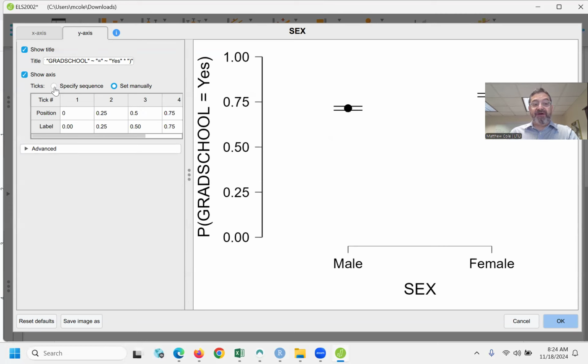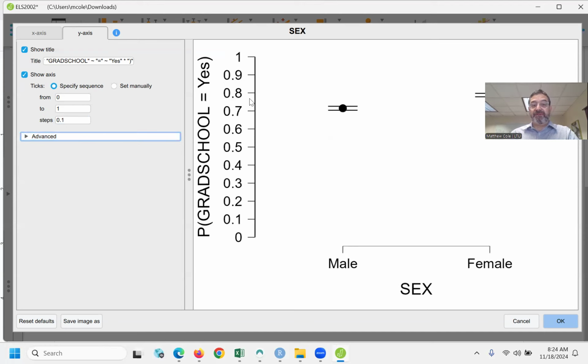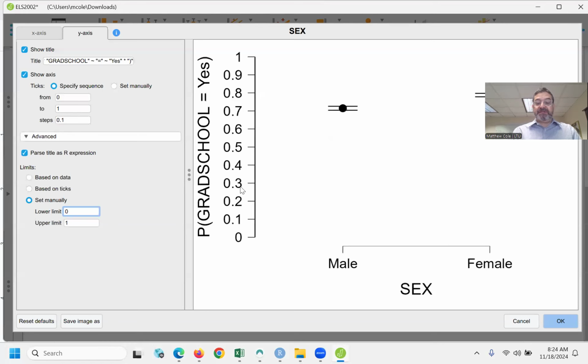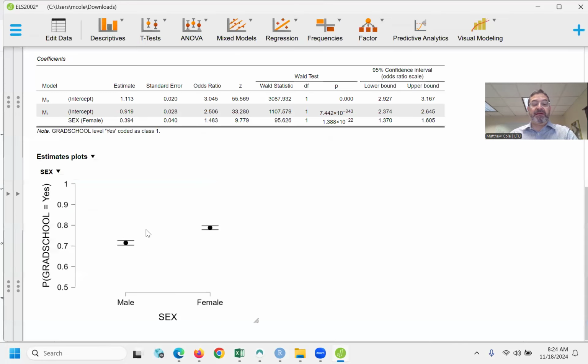We're going to specify the sequence and give the steps, instead of 0.25, we'll do 0.1, so it's a little easier to see where we are. Then in advanced, we're going to set the lower limit to maybe, how about 0.6? Let's do 0.5. Now we've made it a little bit easier to see the results.